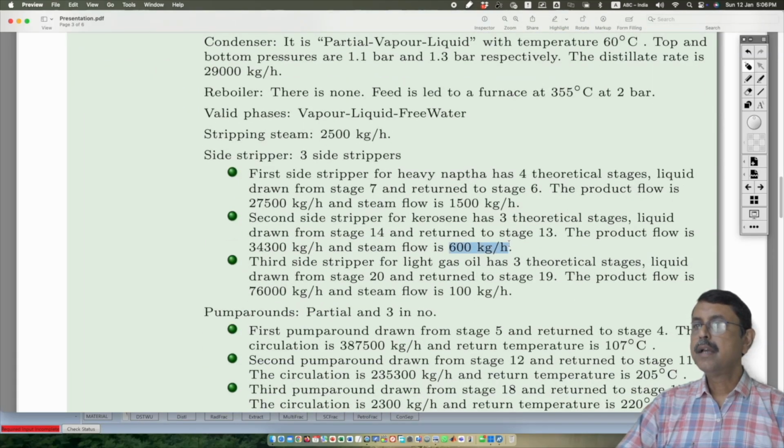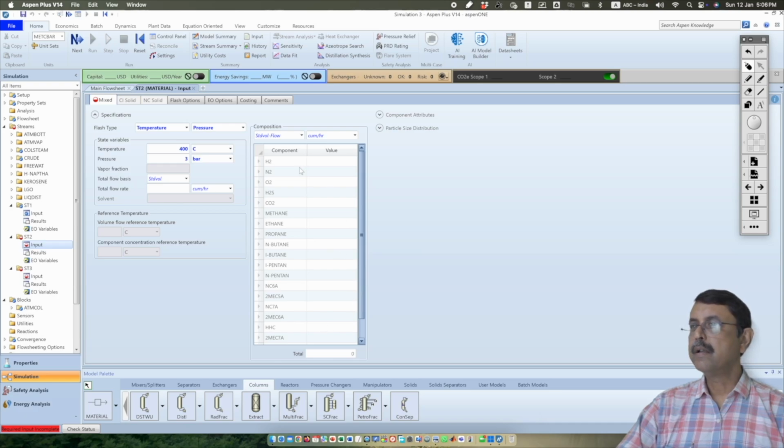Only the flow rate will change. So in this case, the flow rate is 600 kg per hour.